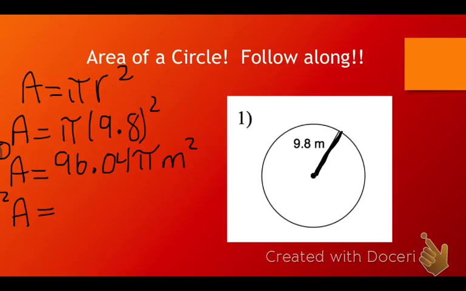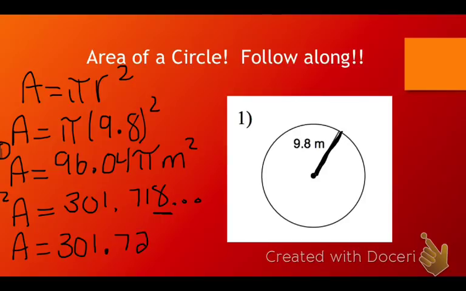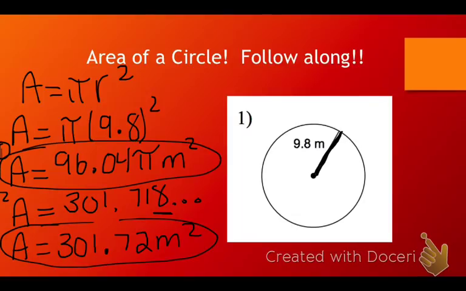So we get 301.718... I look at the third number, 5 or more raise the score, so my answer becomes 301.72 meters squared. So this is one answer, and this is my second answer. I have to have both of them written in order to get full credit.